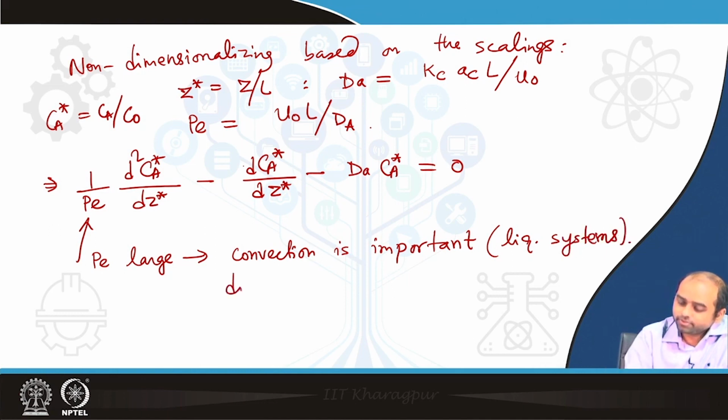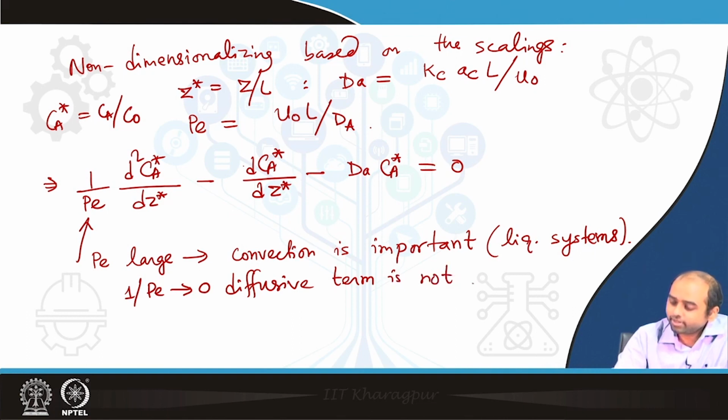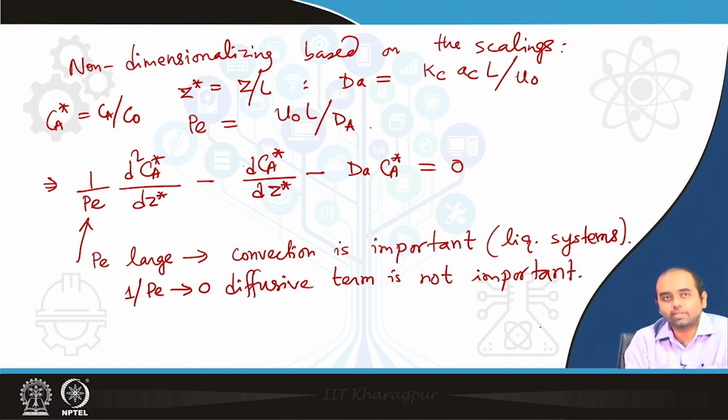So, the diffusive term is not important, because 1 by Peclet number tends to 0, and this equation reverts back to the previous case where we originally made the assumption to ignore the diffusive term. That is something which I also say here based on the criteria of the Peclet number.